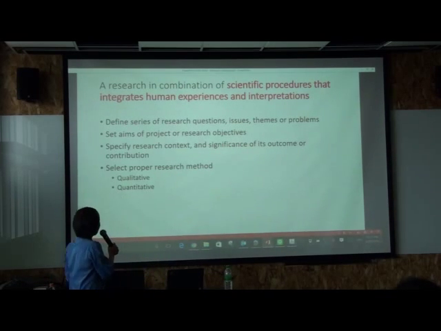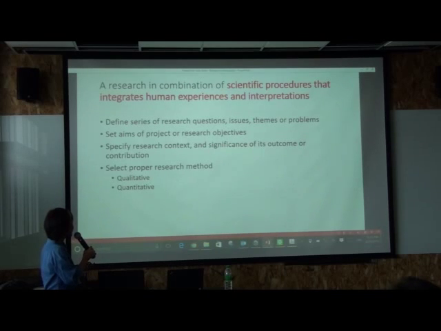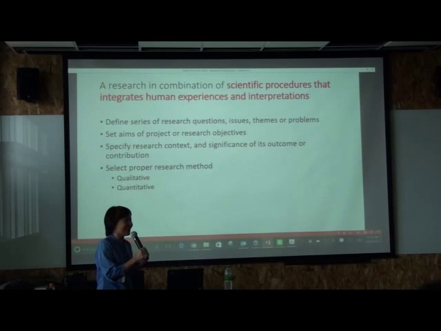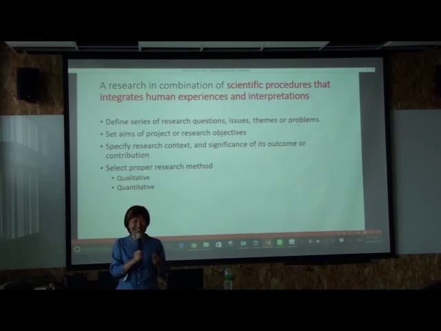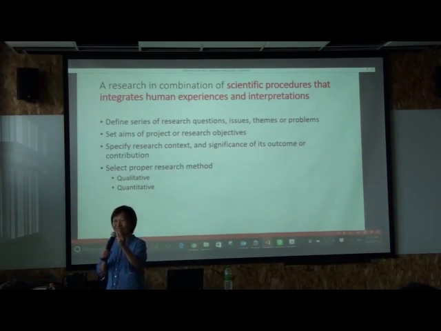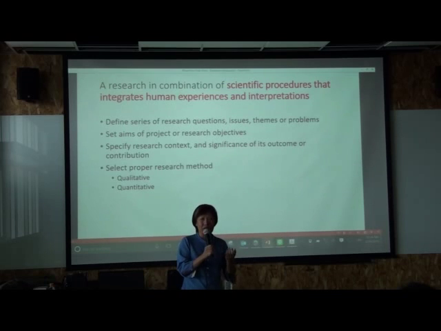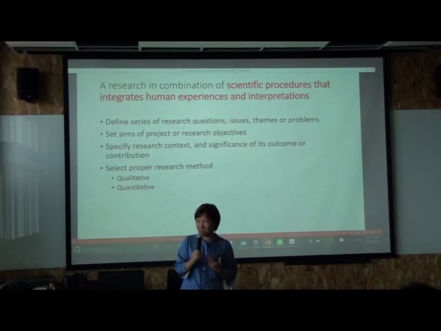Then later you specify the research context. What is the significance of what you're doing? Is it worthwhile, and for whom? Sometimes you just want to do it, but nobody wants it. You just say, hey people, I want you to use this. Sometimes in reality, you never know if they really want it or not, or whether it is useful for people or not.